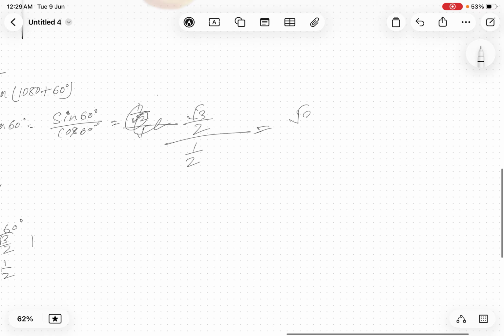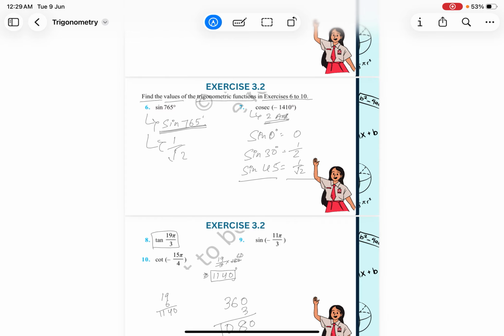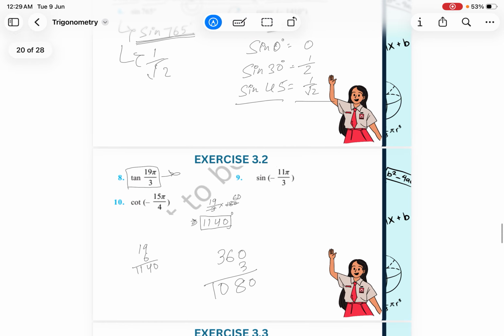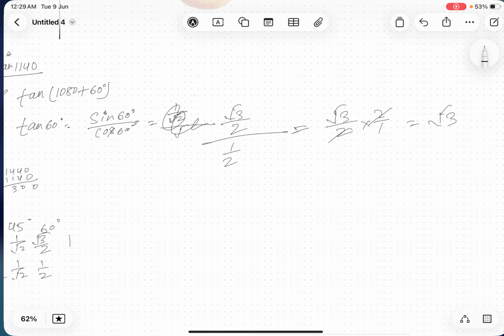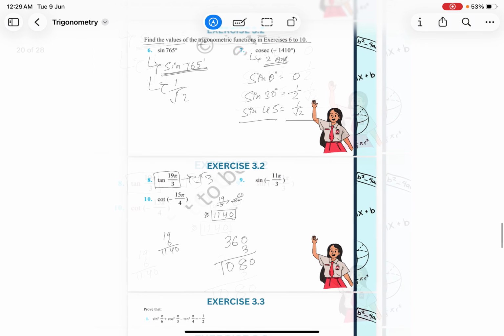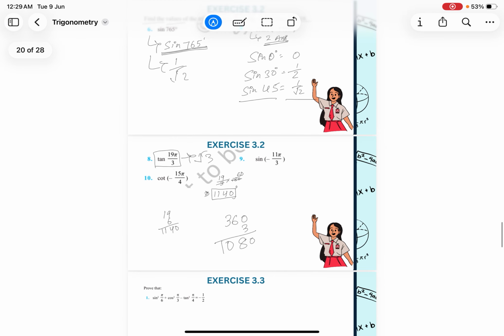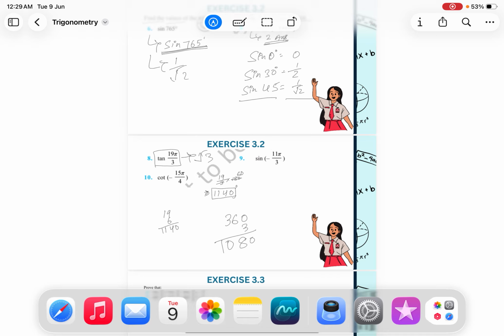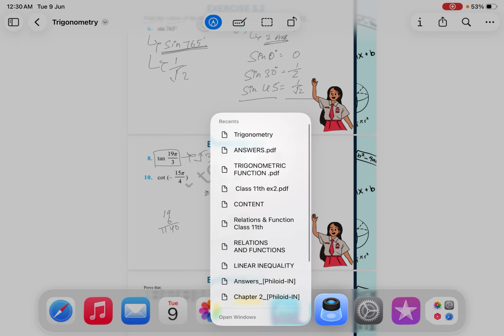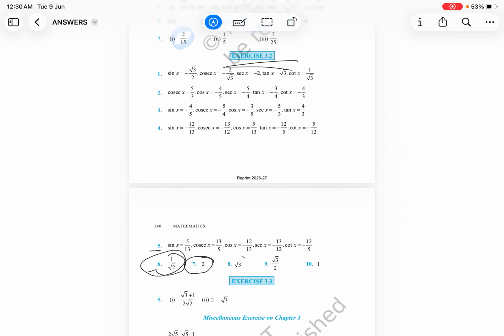So it equals root 3 by 2 into 2 by 1. The 2s cancel, and it is root 3. So the answer is root 3. Let me just verify the answer for question number 8. Yes, question number 8, root 3.